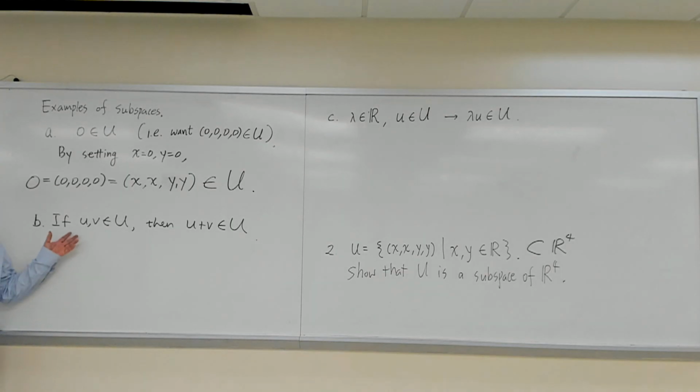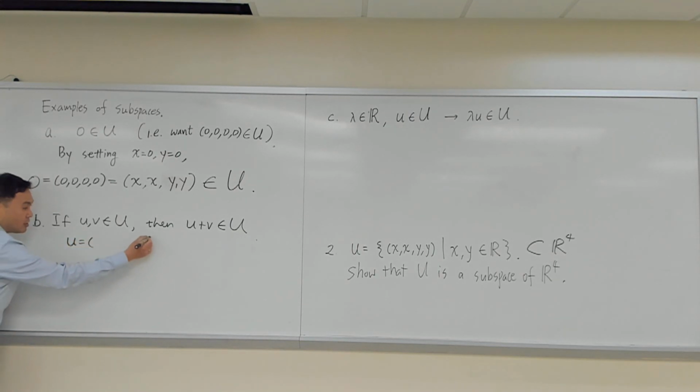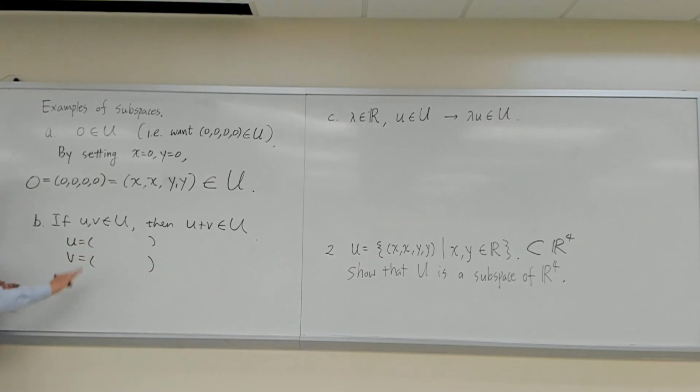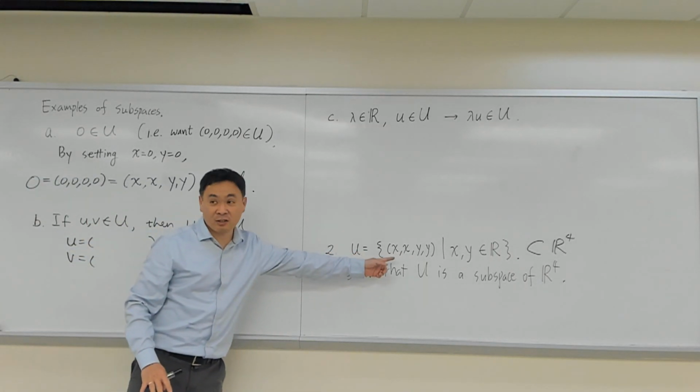Okay. Now let's try to show this. If you want to prove something, your assumption has to be in the form where you can make computations and make arguments, okay? So you better have U written as something and V written as something so that it's readily evident that it's in here.